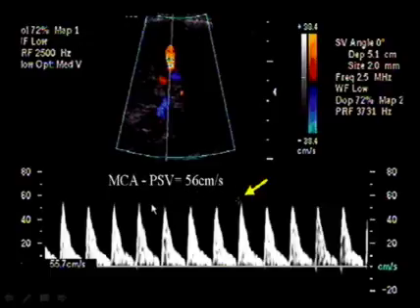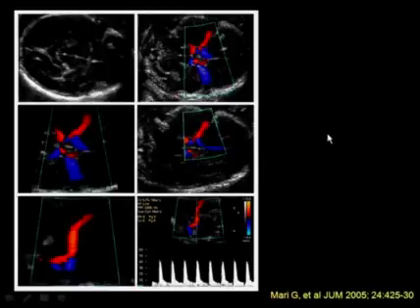And is this the real velocity of the blood flow in which it was obtained? The answer would be probably yes, because the angle between the ultrasound beam and the blood flow, as you can see here, the middle cerebral artery in red, is very close to 0 degrees. And therefore, this 56 centimeters per second is the real velocity of the blood flow.